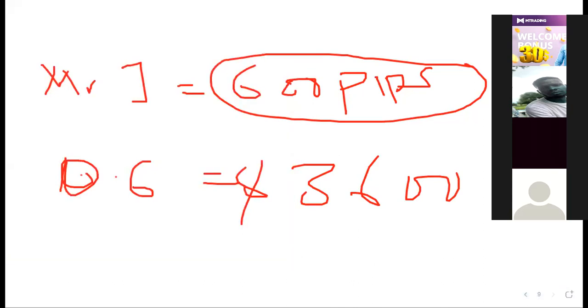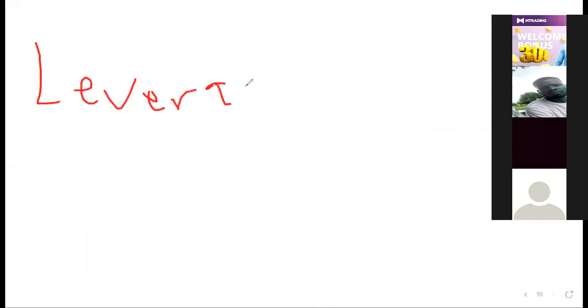All right, so let's talk about something else. Let's talk about leverage. Maybe you see a woman on a Saturday evening, and then you see her on a Sunday morning, looking taller.